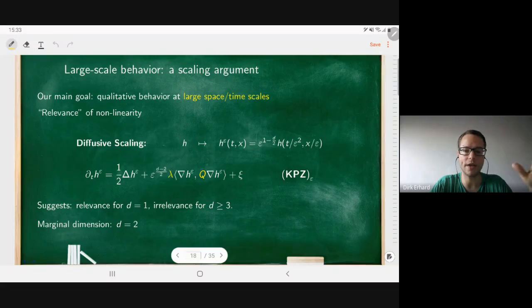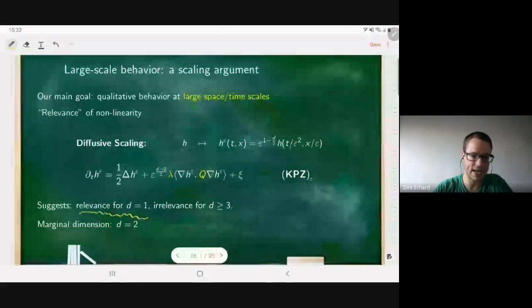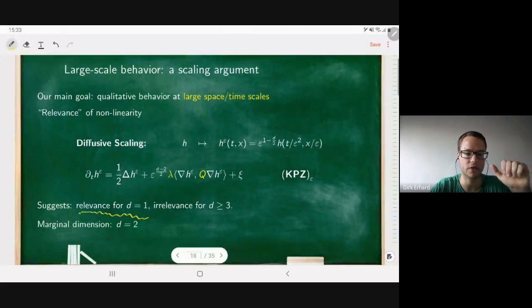At least for d equal to 1 and d at least 3, it really turns out that's correct. So for d equal to 1, this essentially has been confirmed. But just let me make one remark. For d equal to 1, there's been a lot of activity in the last years. And actually, it was possible to give a meaning to this equation, but only in short space-time scales.